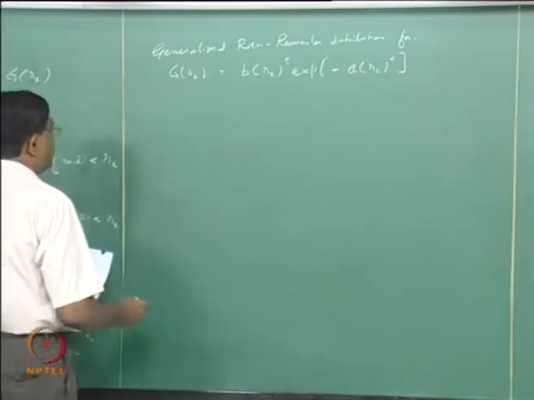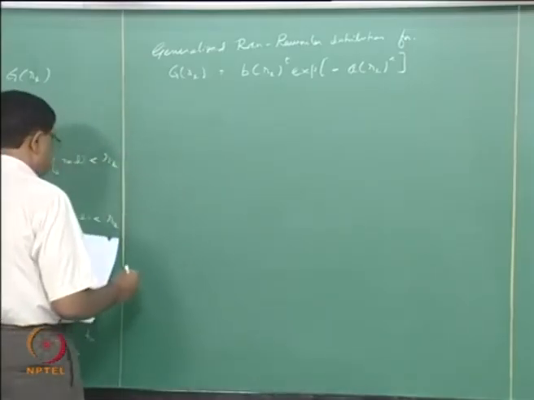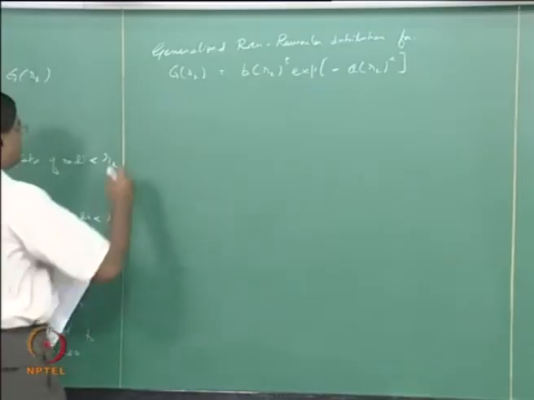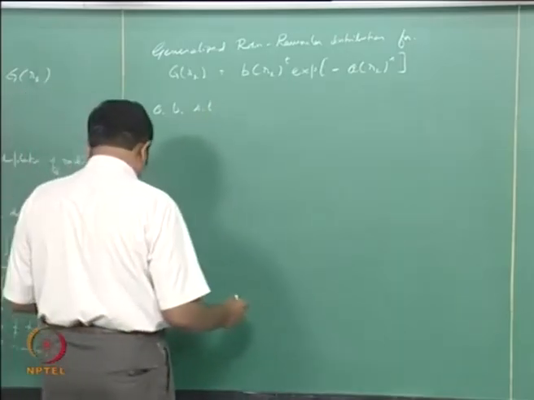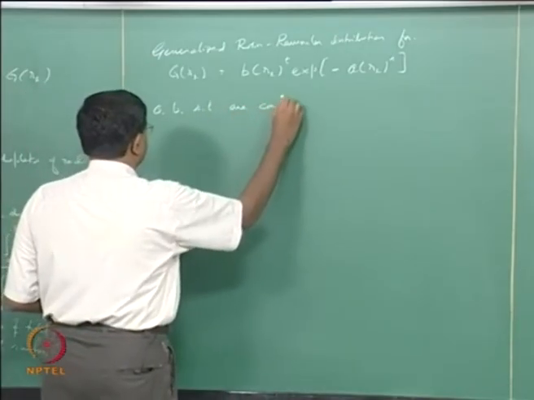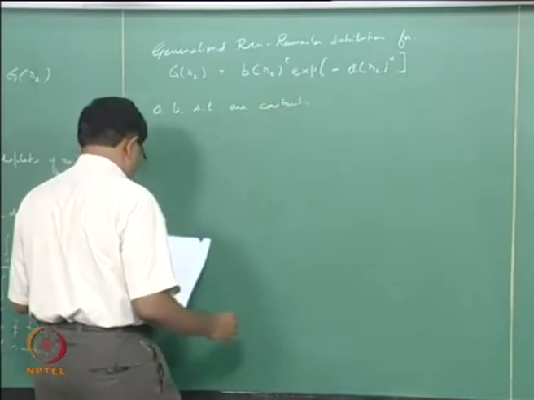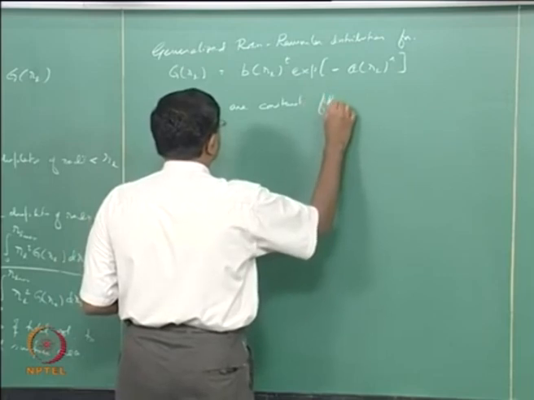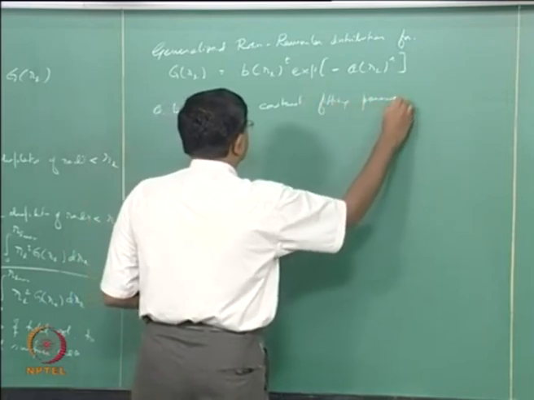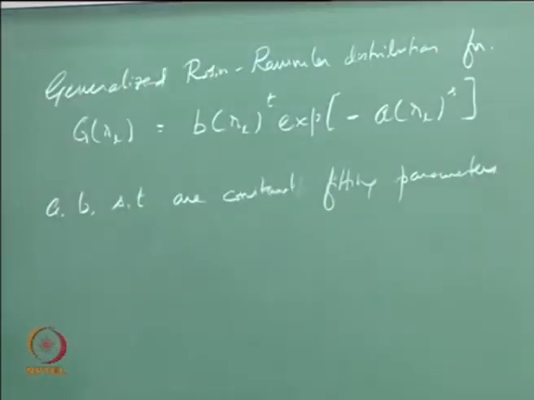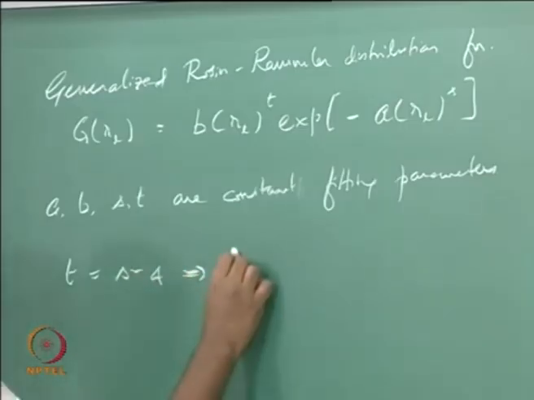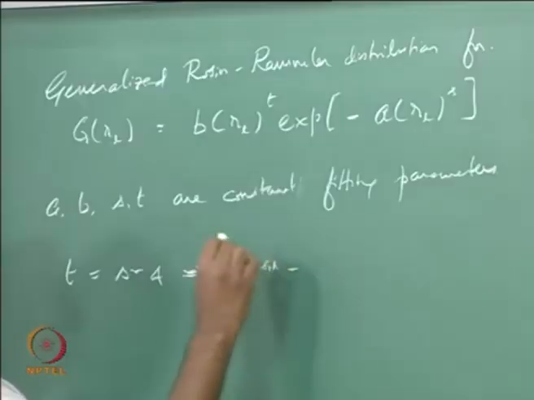So here A, B, S and T are constants that are used to fit the data to this distribution; constant fitting parameters. Now there are special cases. T equals S minus 4 is the Rosin-Rammler distribution, that is the original Rosin-Rammler.